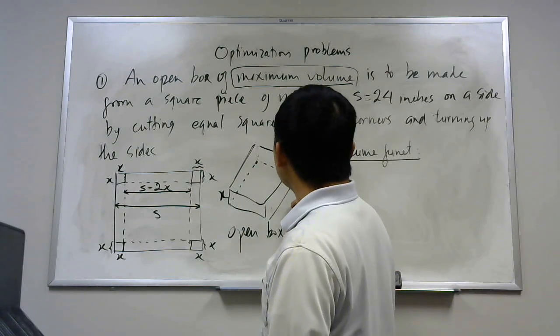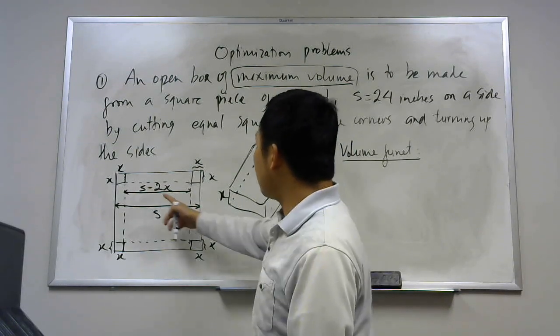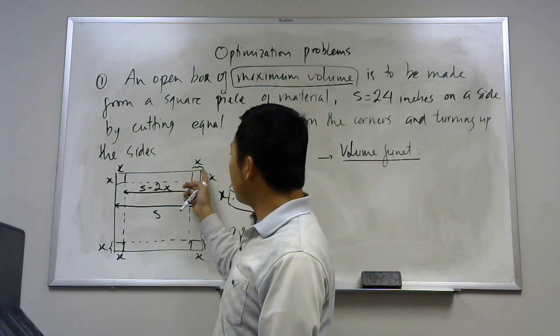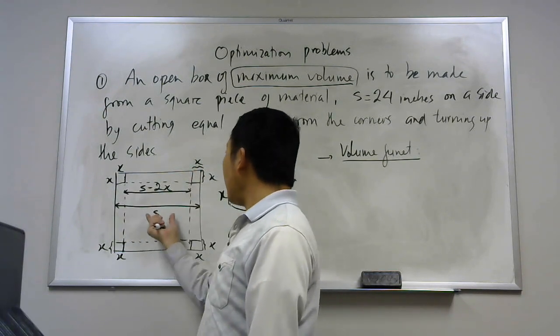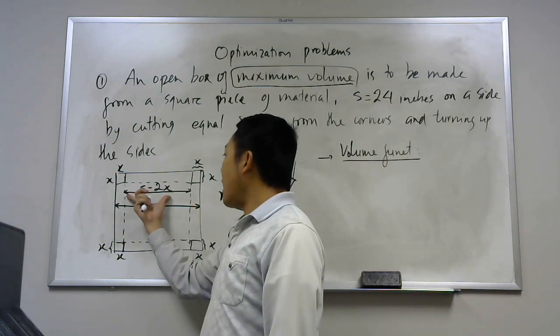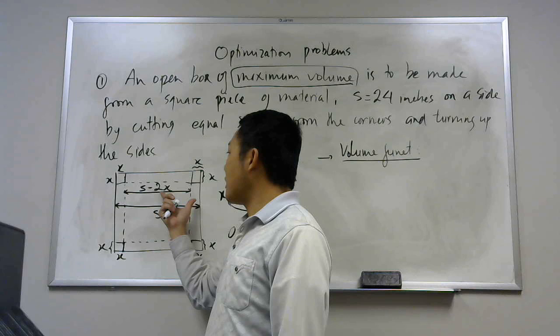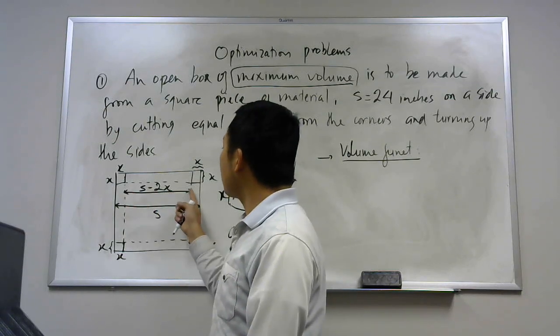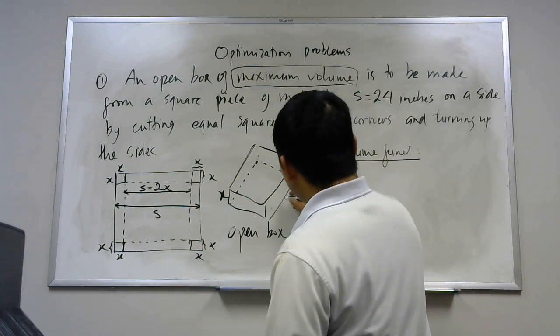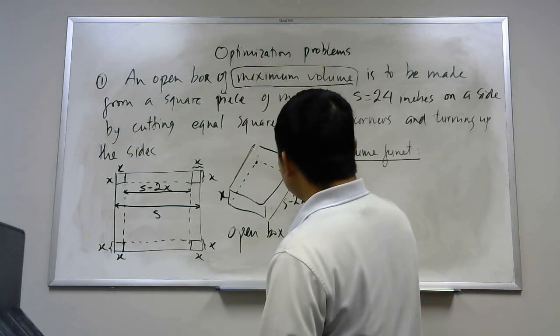So what is this? This is s. Since we cut x in here, we cut x in here, in total we have s equal to 24 inches. So that means the side of the base is just s minus 2x. The whole s subtract by this guy and this guy. So I can write from here s minus 2x.